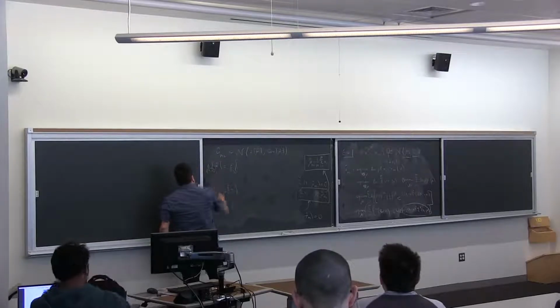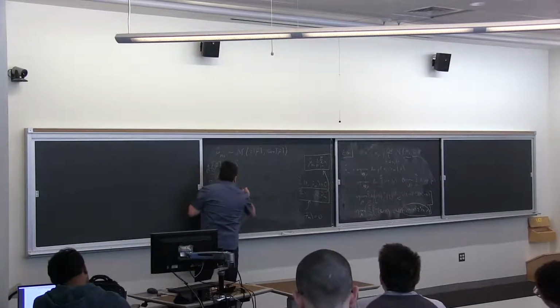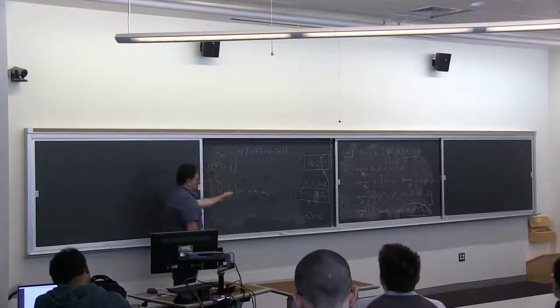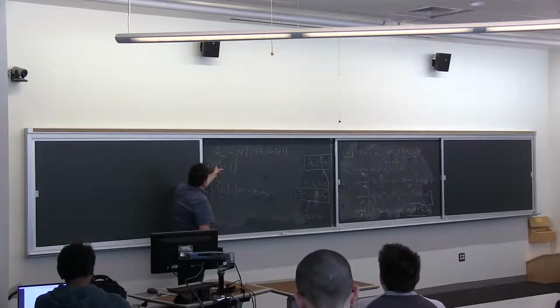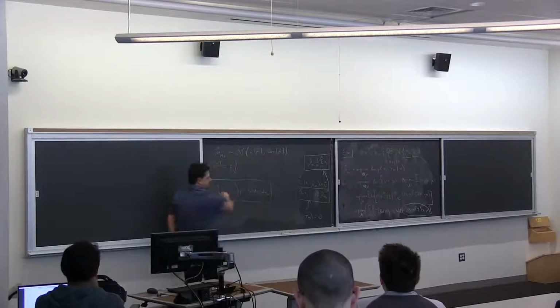And the expectation is with respect to the joint of x1 through xn, all of those. So when I write expected mu hat conveniently here, I mean all of that.